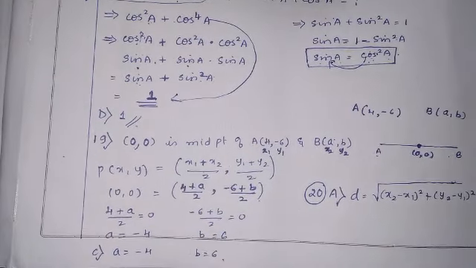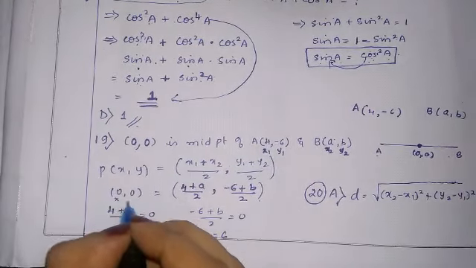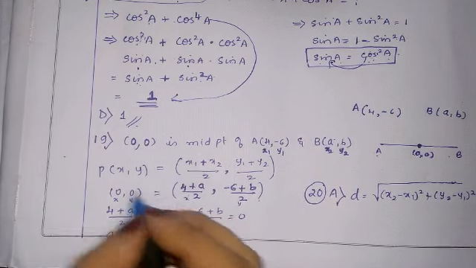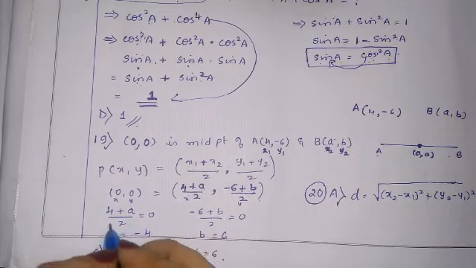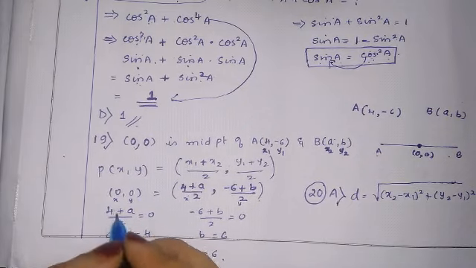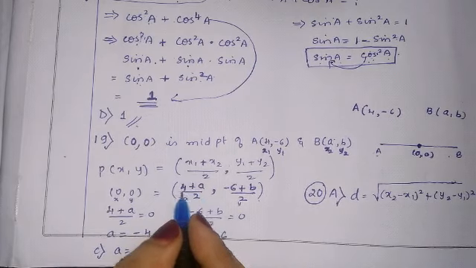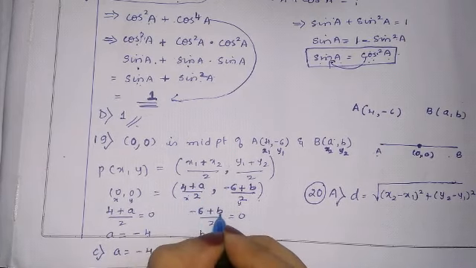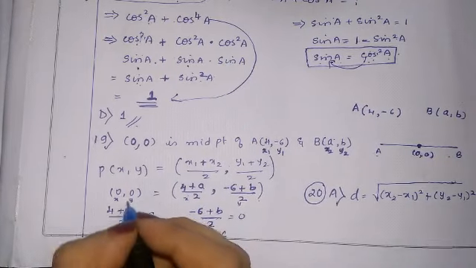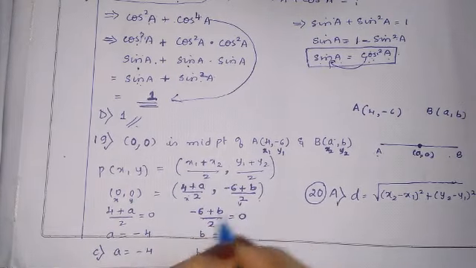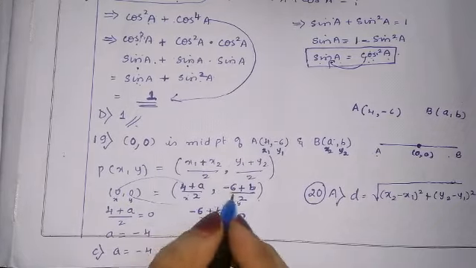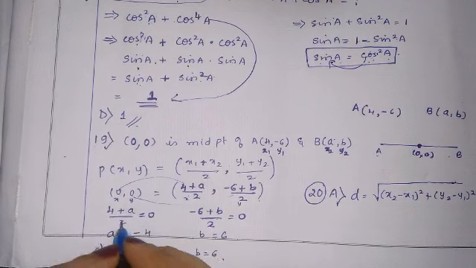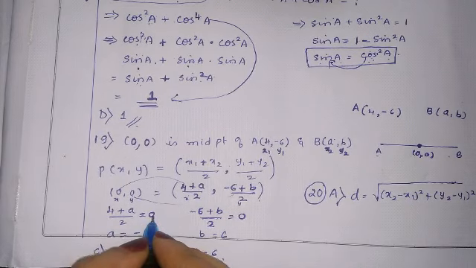Okay. Now we know that this is x term and this is y term. So we will equate x: 4 plus a by 2 equal to 0, and minus 6 plus b by 2 equal to 0. This will be equal to this. Now 4 plus a by 2 equal to 0 is nothing but 2 into 0 is 0.